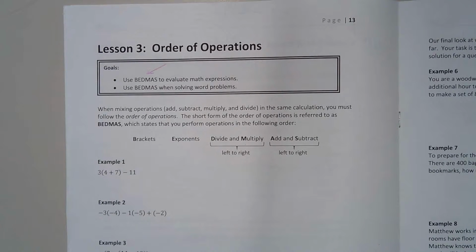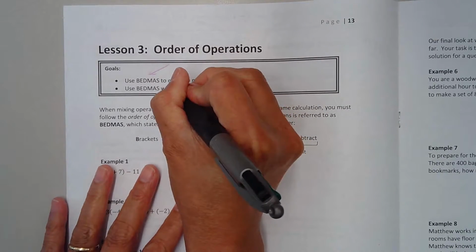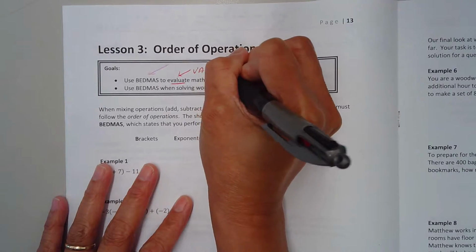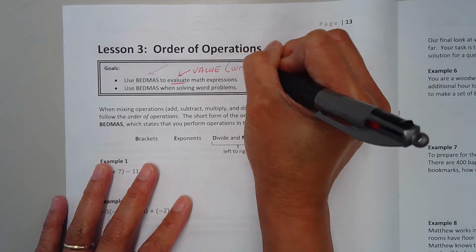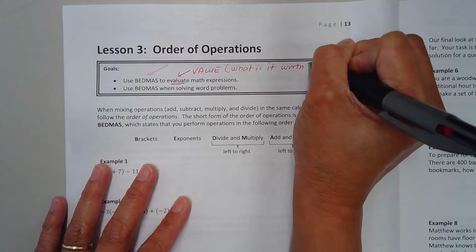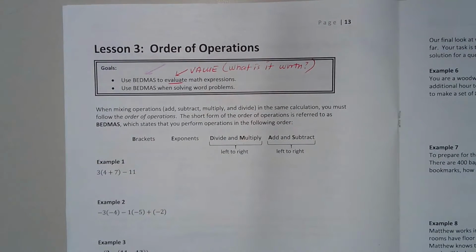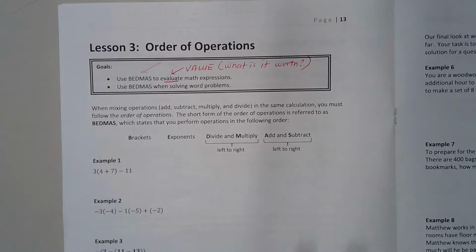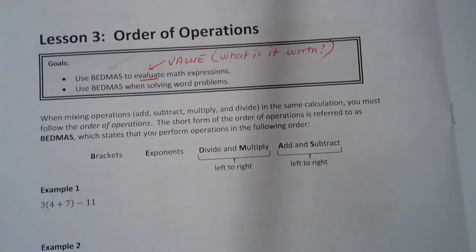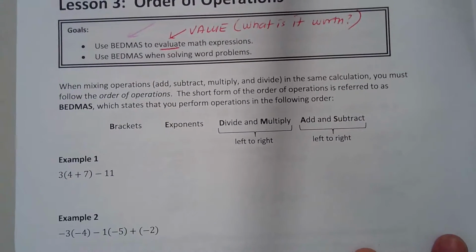So when you see evaluate, the root word is value, which means what is it worth? You're going to see that quite a bit. Value or evaluate means find out the answer.